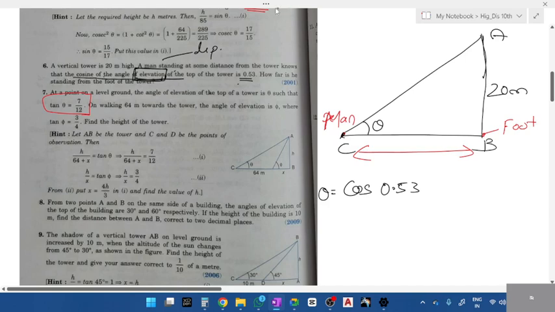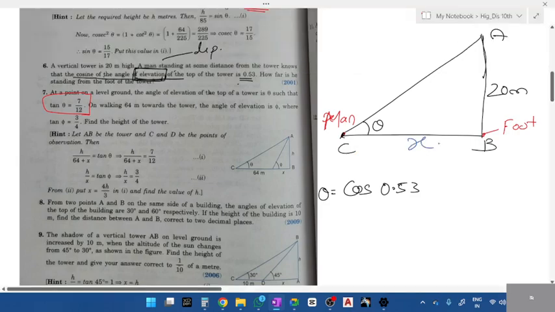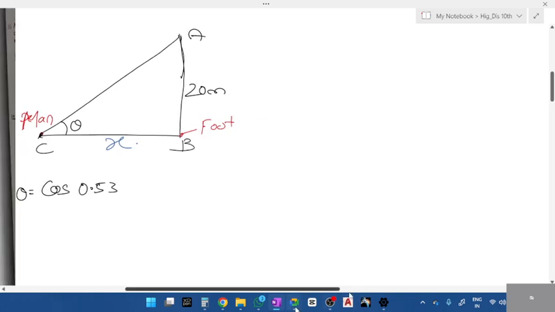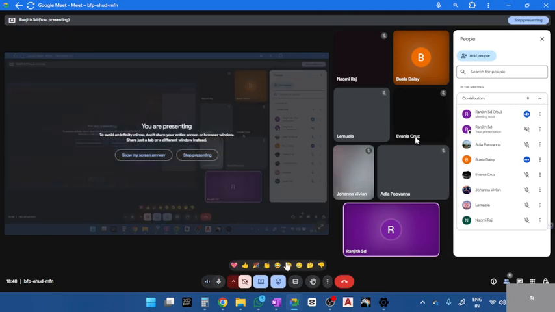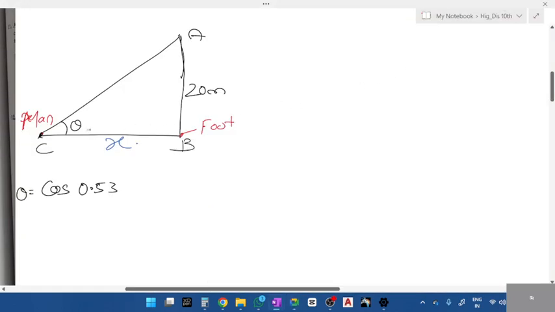If you don't know the distance, usually what do we take? What do you take for the unknown value? You take it as X. These are the values given. Okay, now all of you will answer this, students. Ignore this cos theta. From point C, what is the value given?